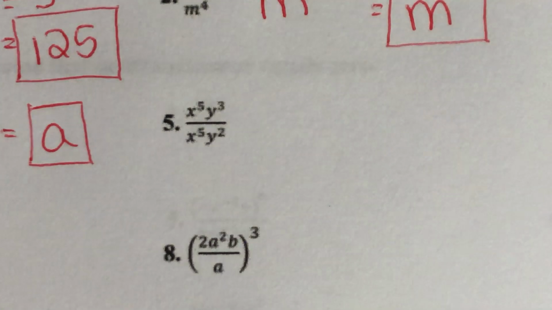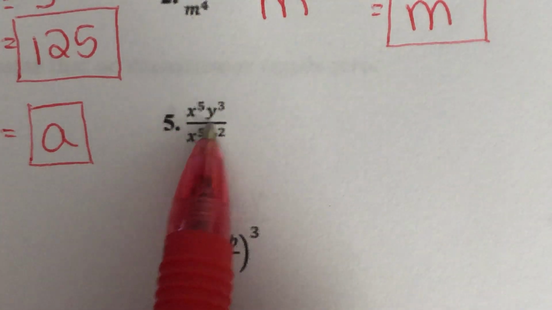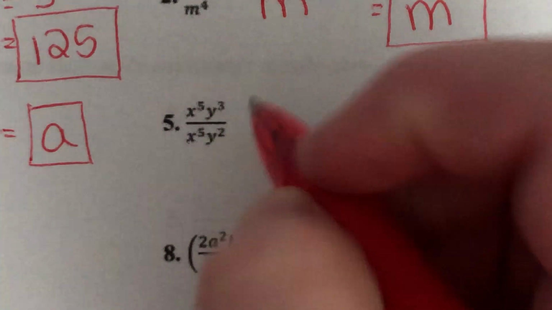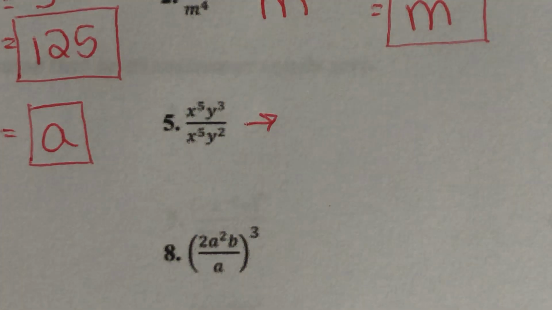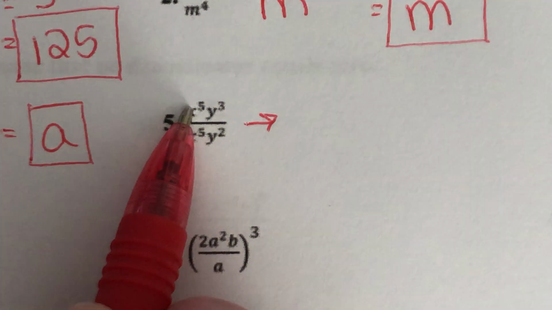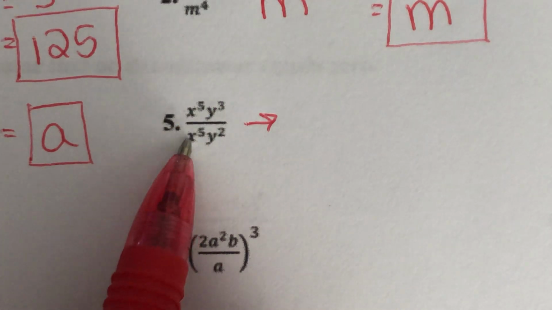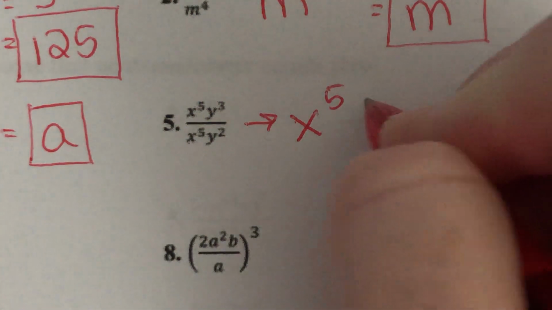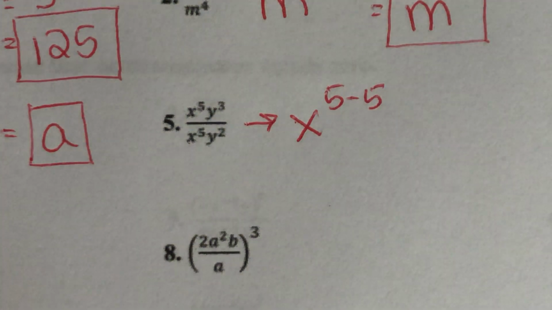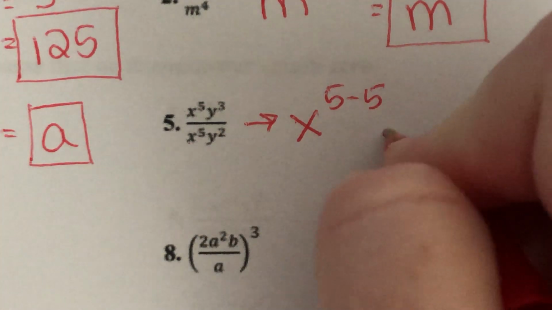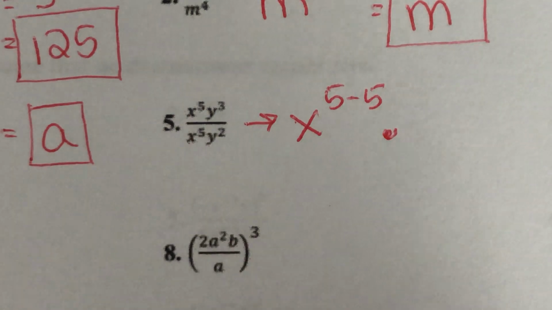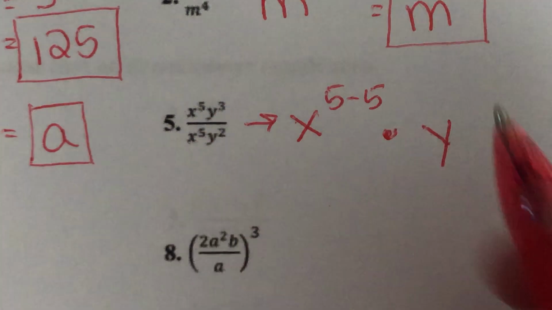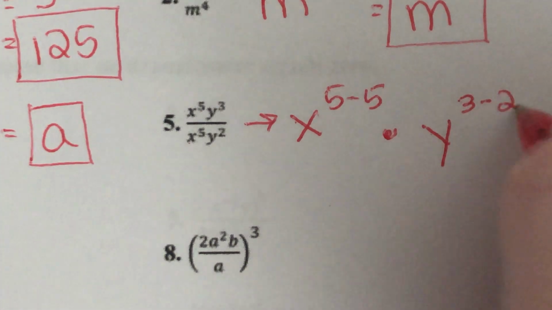Okay, next one here. So we've got x to the 5th, y to the 3rd, divided by x to the 5th, y squared. So we're just going to look at it term by term. So I've got x to the 5th divided by x to the 5th. My base is x, and I'm going to subtract top exponent minus the bottom exponent, times my base is y, and I'm going to do top minus bottom, 3 minus 2.